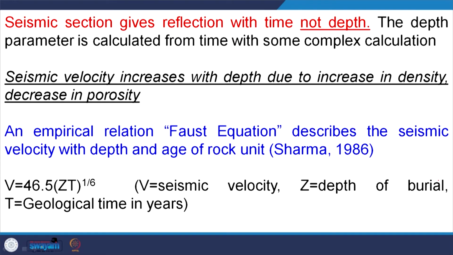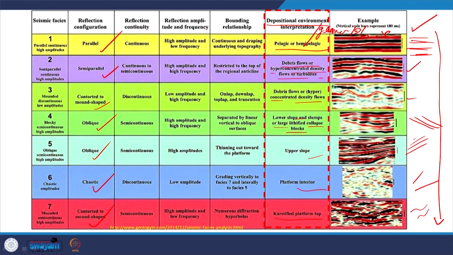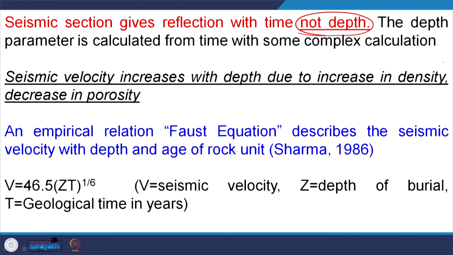Seismic section gives reflection with time, not depth, mind it. Whatever 2D seismic profile we are getting, this axis is giving time, not depth, but from time to depth we have to calculate, and this is basically done by the geophysicist or the seismologist.